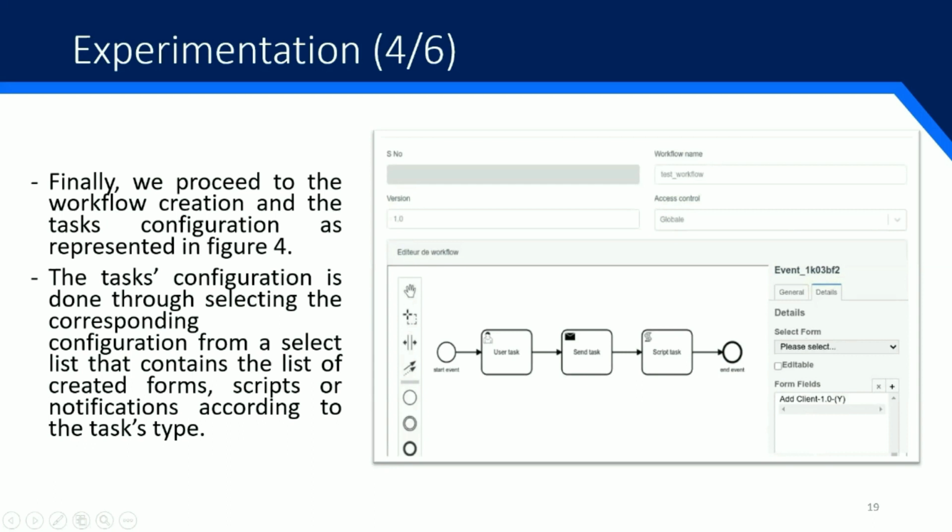The list for the forms, for example, shows all the forms that we have already created. The same for the send task: we see all the send tasks or notifications that we have created, and we select an element from them. For the script tasks, we see the list of scripts that we have created, and we can select one. The only difference is that for start events and user tasks, we can use multiple forms, but for the send task and the script task we have to select only one. So this is how we have defined the reusability.